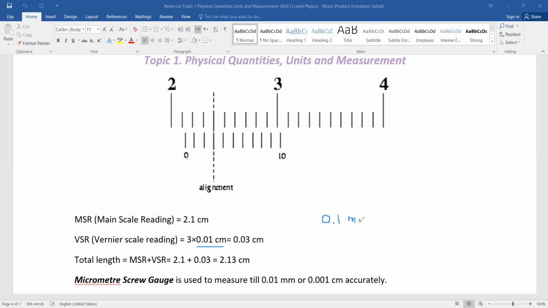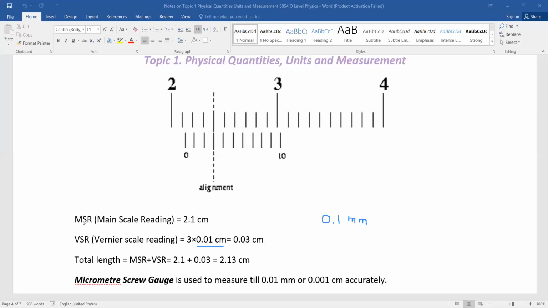And 0.1 millimeter means in centimeter it is 0.01 centimeter, isn't it? That's why we have to multiply with this 3, the one we got from the vernier scale. That 3 will be multiplied with 0.01 and the unit will be centimeter, right? If you get the answer, it will come 0.03 centimeter.